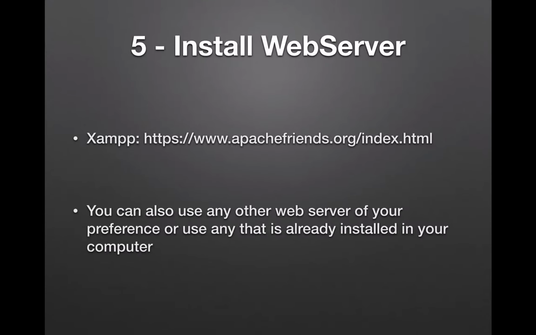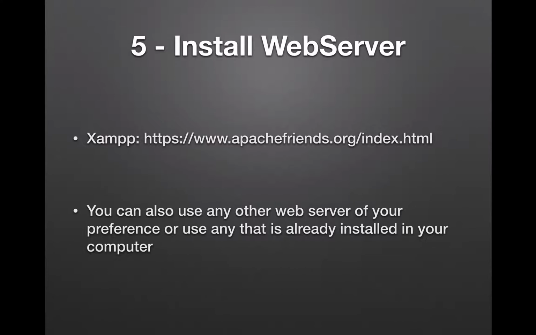We also need a web server, and the reason that we need a web server is to be able to browse the examples and also the ExtJS documentation. So it is good to have a web server installed. You can use any server that you have installed already in your computer, or if you don't have any, there is this one that is called XAMPP that is very easy to use and it is available for Windows, Linux, and Mac as well.